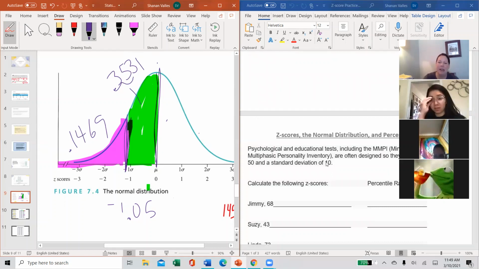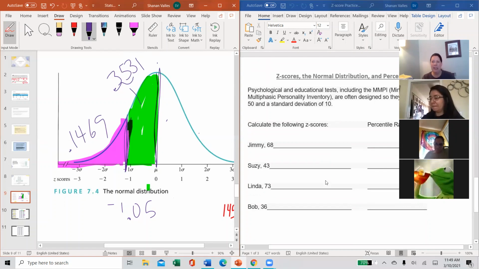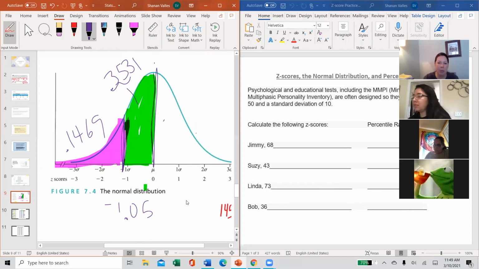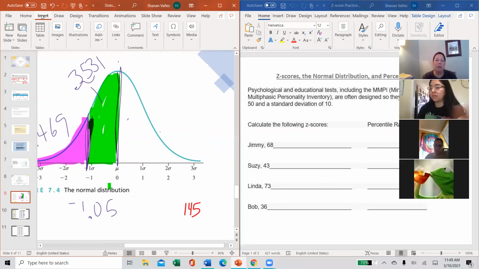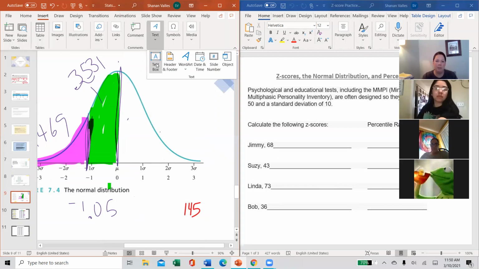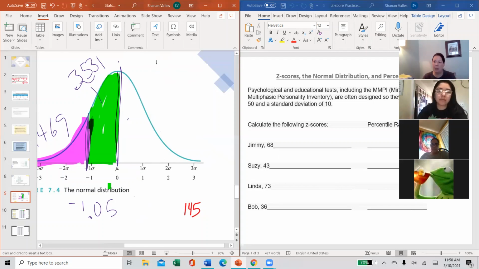Okay, so now using z-scores to find a percentile ranking. So let's go over real quick. I want to say I did this last Wednesday, but when I went back and tried to get the video to upload it, it was not there.